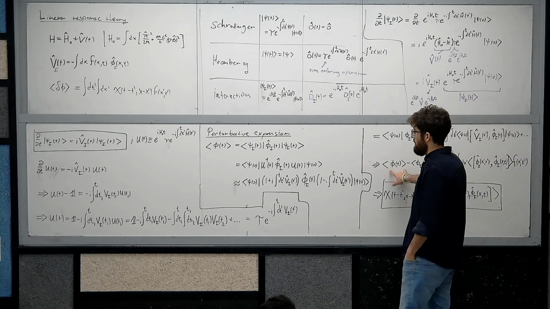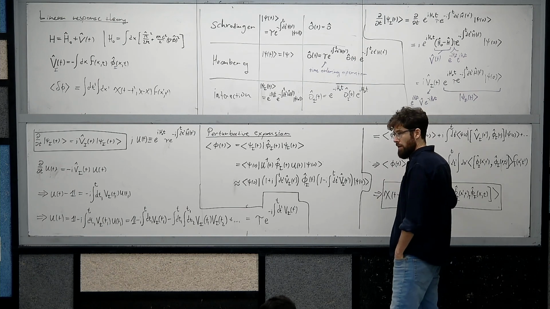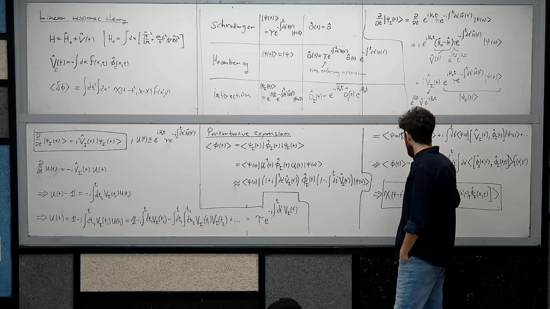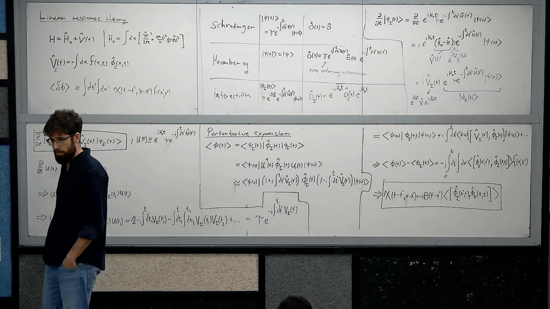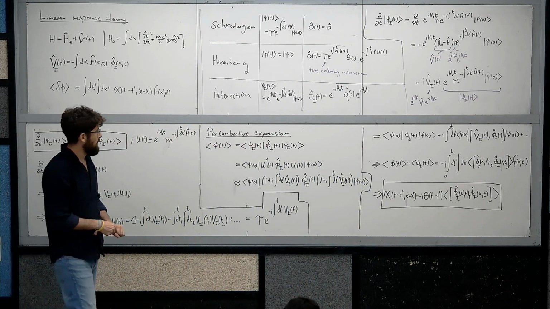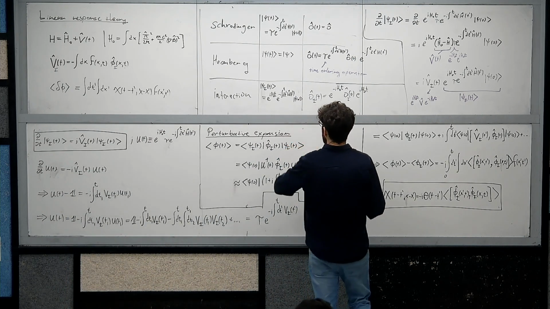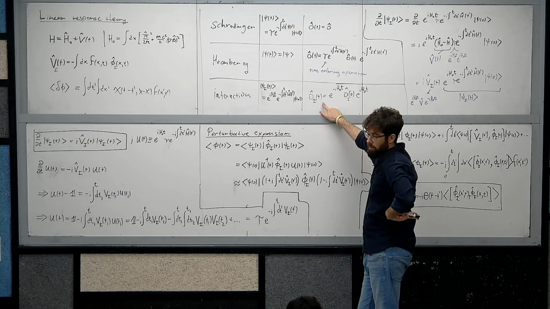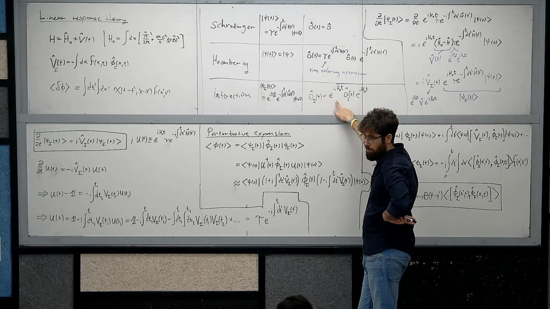No, this is the real expectation value. This is the expectation value assuming only the free part of the evolution. Because let's look here: how do operators evolve in the interaction picture? They evolve only with the free part.